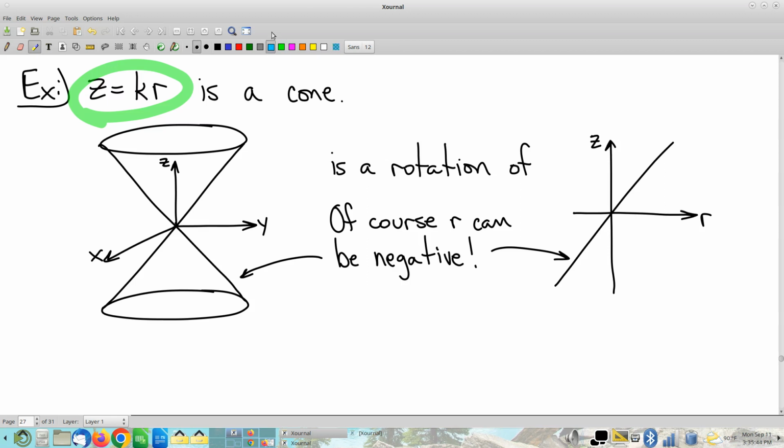One of the big takeaways of this example: notice in this equation, no thetas. And y'all may recall, we saw a situation kind of like this once. We saw equations of planes where there were no y's. And it turns out that plane's parallel to the y-axis. Here's another way to say that. When there's no y's, any value of y that you pick, any plane perpendicular to the y-axis that represents a constant value of y, those cross-sections all look the same.